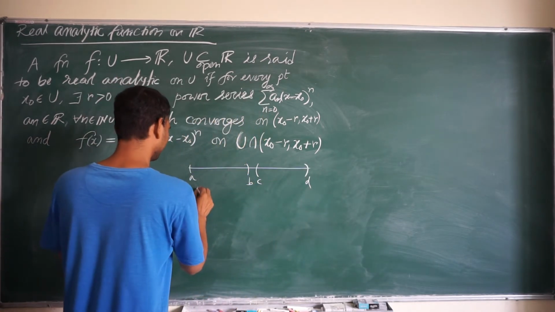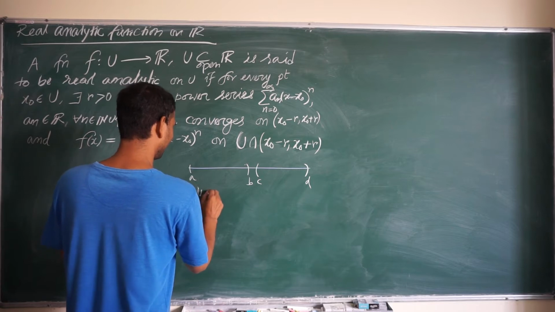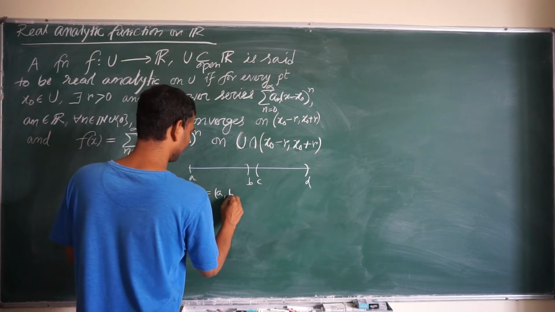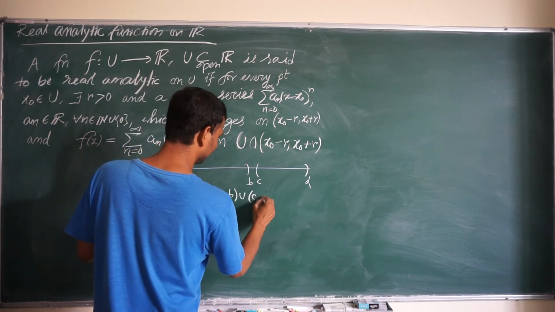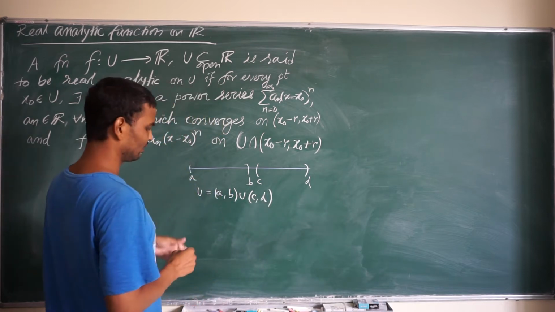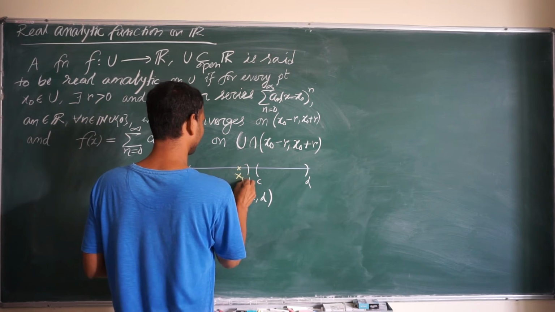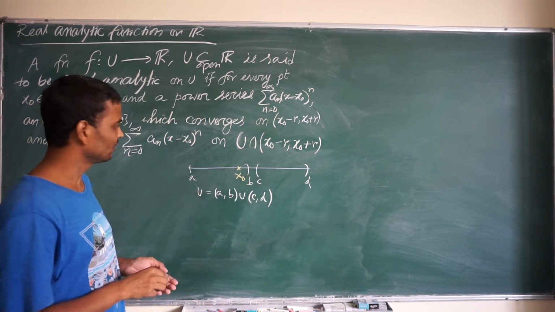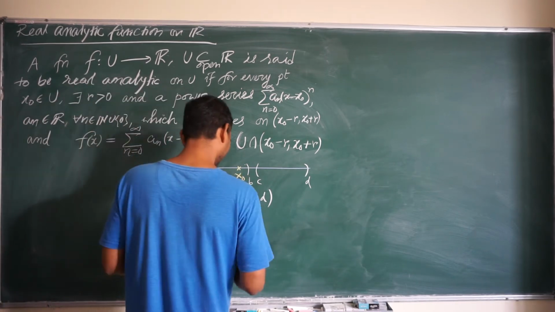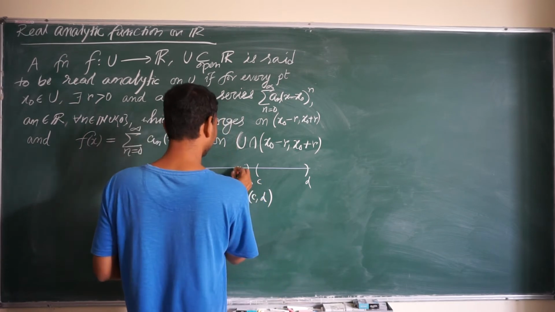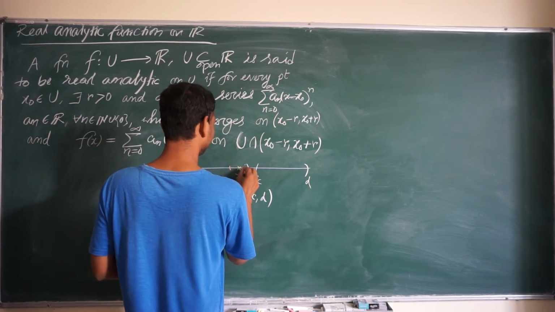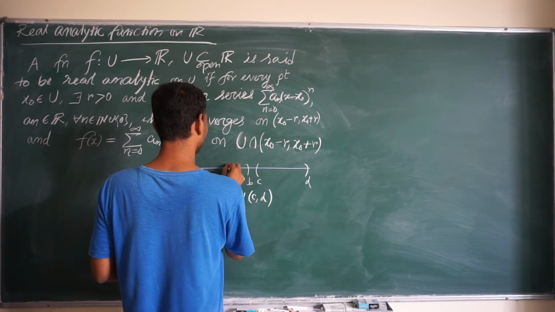So U is AB union CD. And suppose x naught is that point. X naught. And it's saying that you have an R, maybe a little bigger.